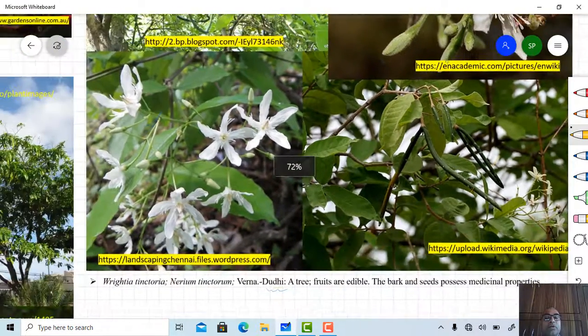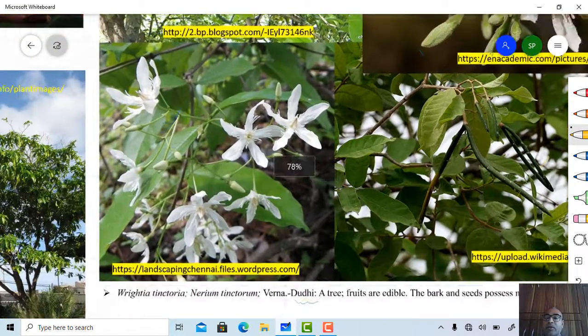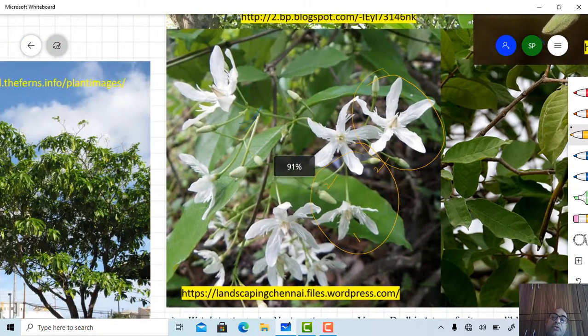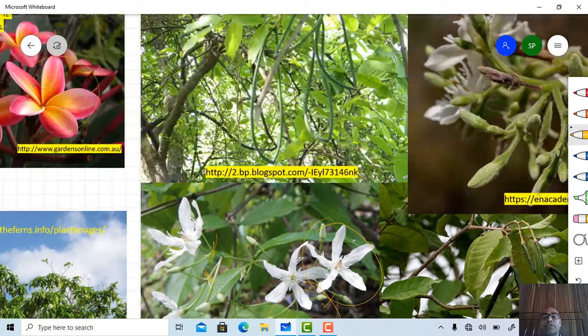This one is a twig showing the inflorescence. Just observe the type of inflorescence. If you take this one, then completely dichasial type of inflorescence is present. Or take this one, first one flower and second flower. Okay, so it clearly shows the dichasial cyme type of inflorescence.